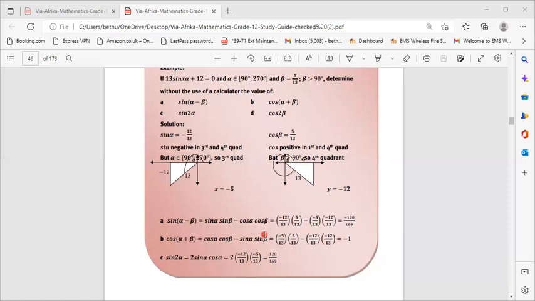Remember that. What do we get? Yes, we get -120 divided by 169. That's exactly what we get. So we have determined the value of sine alpha minus beta without using the calculator. Hope you understand that, friends.